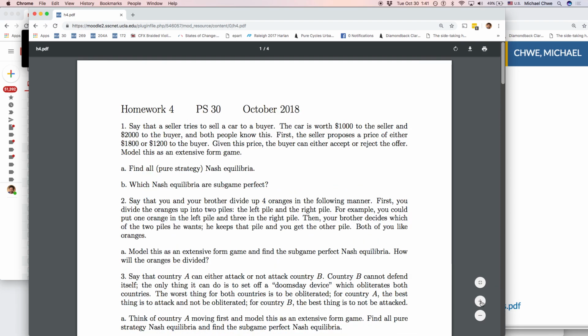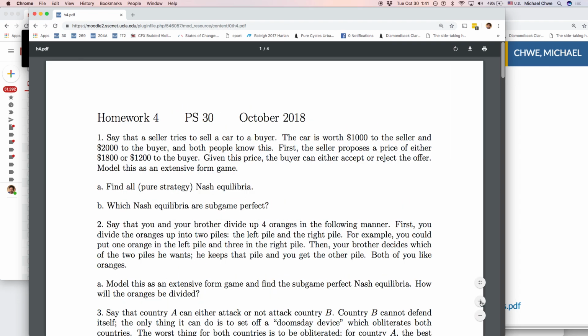Okay. Say that you and your brother divided 4 oranges in the following manner.